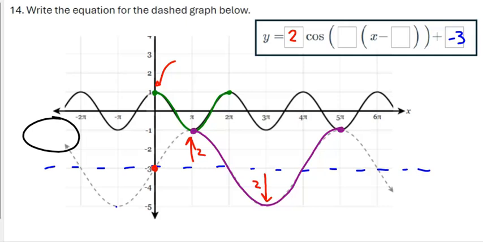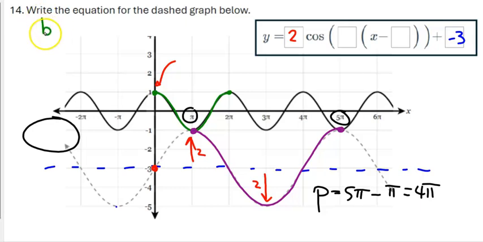So to find the period, you're going to take the two values for the starting and the ending of the period, which is 5 pi, take away pi. So the period is 4 pi. To find the b value, it's b times p equals 2 pi.